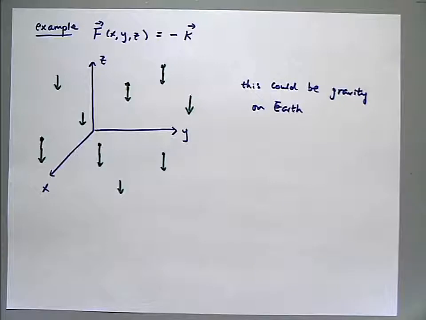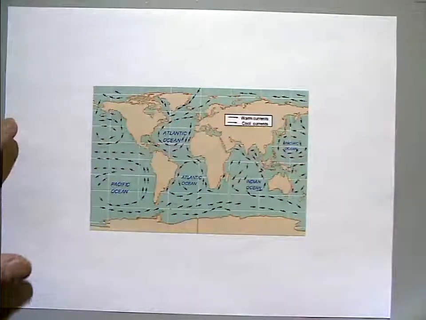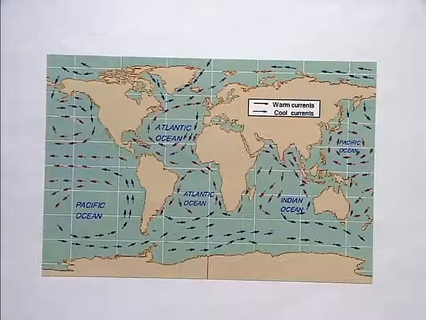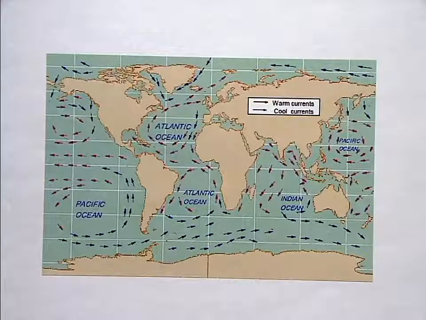Now let me show you a few more examples of vector fields that are used in a lot of applications. So here's an example that shows the water current on Earth.